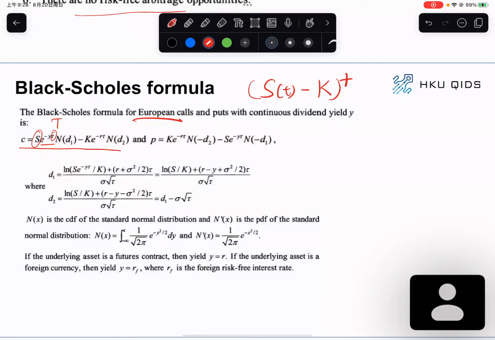Tau is just the T minus t. And this is going to be N(d1), which is just the normal distribution value of d1, minus the K part, e negative r tau, and N(d2). And there is also an important relation between d1 and d2, where d2 is just d1 minus sigma multiplied by square root tau. Okay?